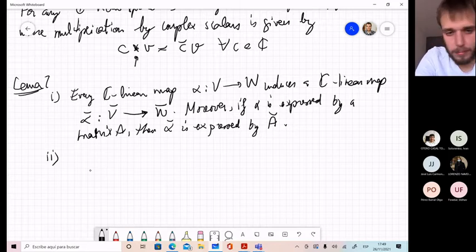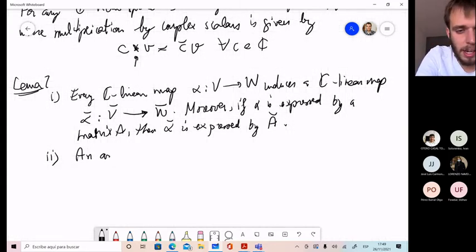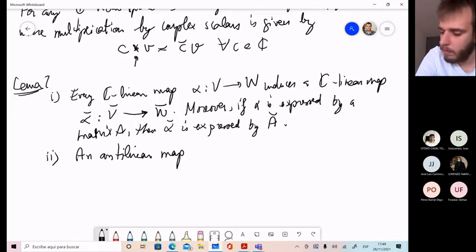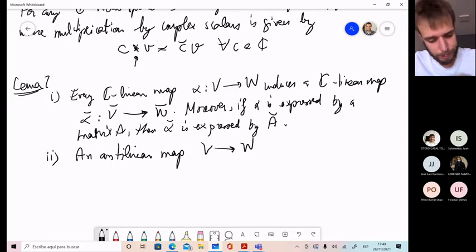And two, if you take an antilinear map, remember that this meant that the map respects the sum of vectors, but if you multiply by some scalar, you have to conjugate, okay?